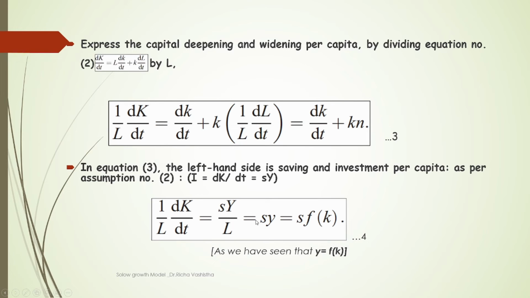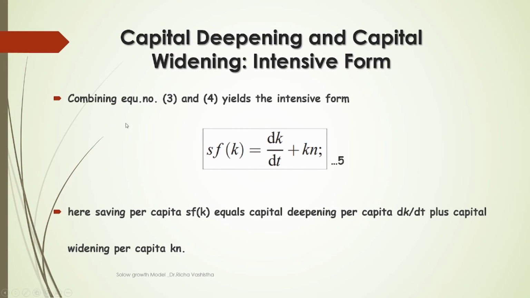The L will remain here, and this Y upon L is nothing else but the small y. So this turns out to be small s multiplied by small y, where y depends upon the capital, which is the function of capital that we have already seen in the earlier derivation. So we'll put f(k) instead of y here. This whole part becomes equal to s multiplied by the function of small k, which becomes equation number 4.